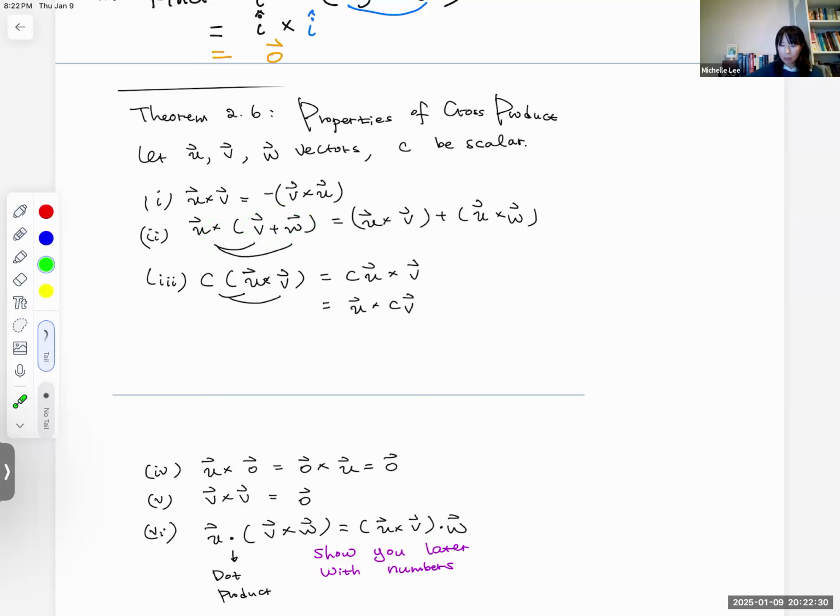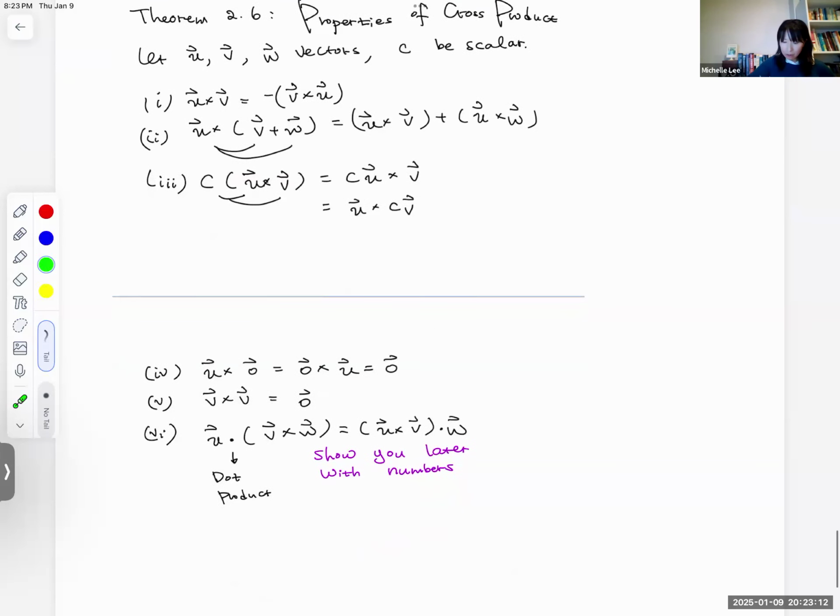Then we distribute, we get cross product of U and V, plus cross product of U and W, okay? C is a scalar, we have cross product of U and V, then this gives us this C in front of U or in front of V. It can be this way or that way, all right?